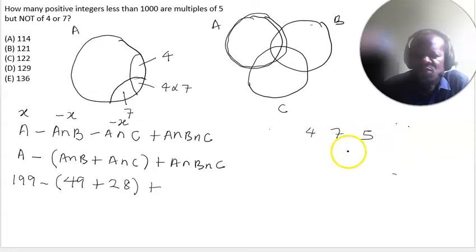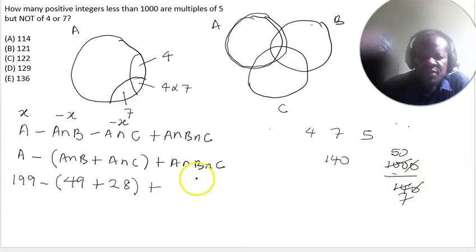There are no common factors between them, so we just multiply everything. That gives us 35 times 4, that is 140. So how many multiples of 140 are between 1 and 1000? 1000 is not a multiple of 140, so you can just work on it directly. So this cancels. 2 here is 50. 2 here is 7. So we have 7 of them. This is 7.